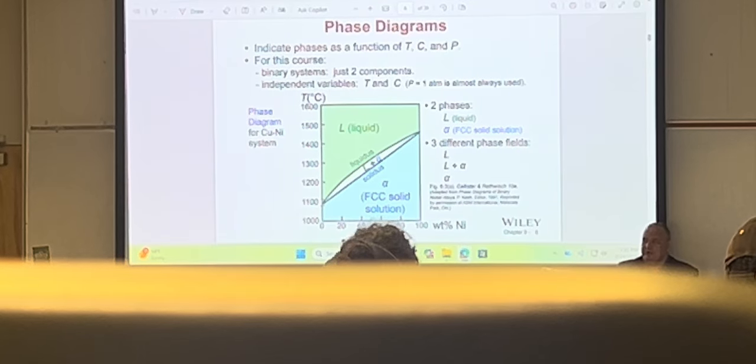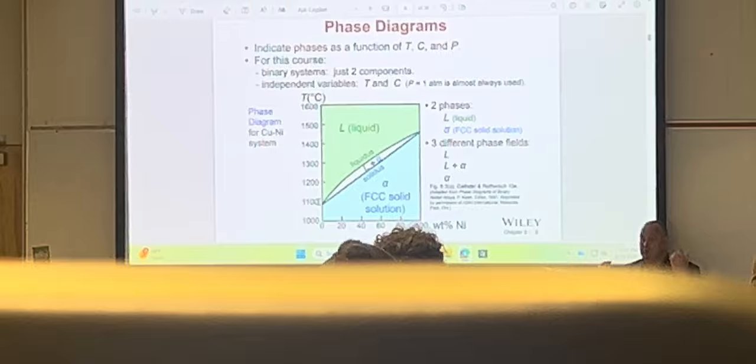Okay? Now, please take a look at this. This is the melting temperature of nickel, pure nickel. And this is what? 1450, whatever it is, right? So on the phase diagram, on the two sides, you have the melting temperature of a pure metal, in this case copper and nickel.